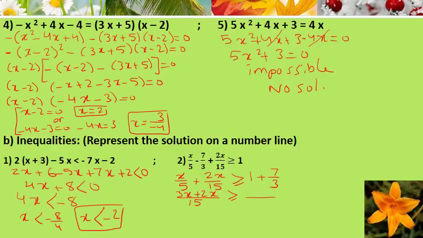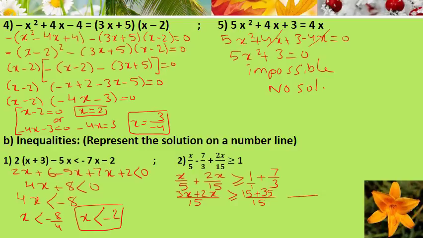What do you take? 15 over 1, 15 times 1, 15. 15 over 3, 5 times 7, 35. Yes.